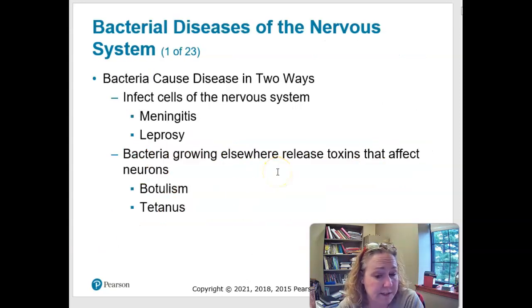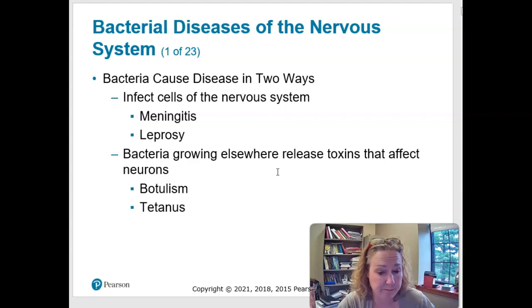Bacteria cause disease in two ways. You should probably write this down. I feel like this is coming up on a quiz. Two things affect cells of the nervous system, and there are different flavors of these. Central nervous system meningitis and leprosy are two ways that you infect cells of the nervous system.